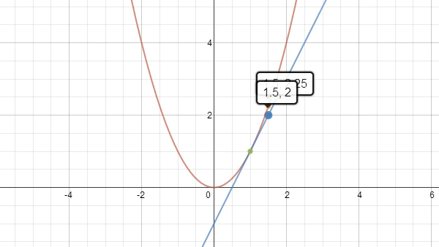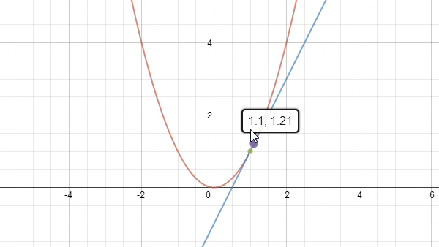Alright, and of course now let's look at, okay, so we got the purple dot here, so we are now at 1.1. So as you can see, this is 1.1 and our y value is 1.21.